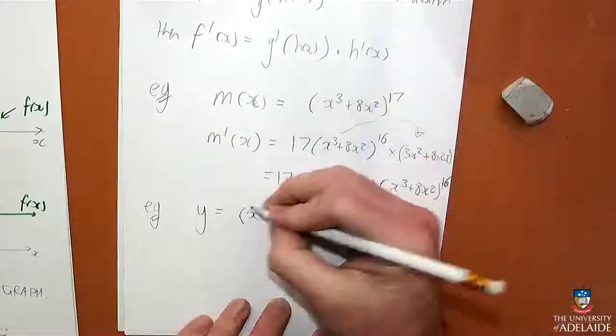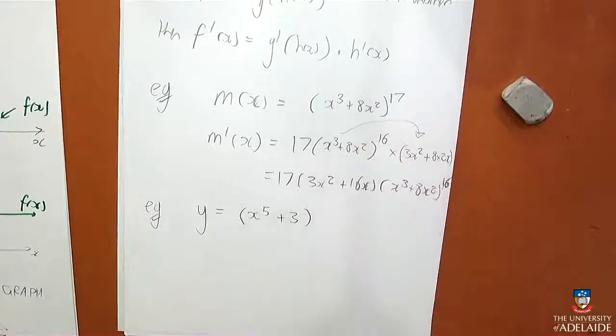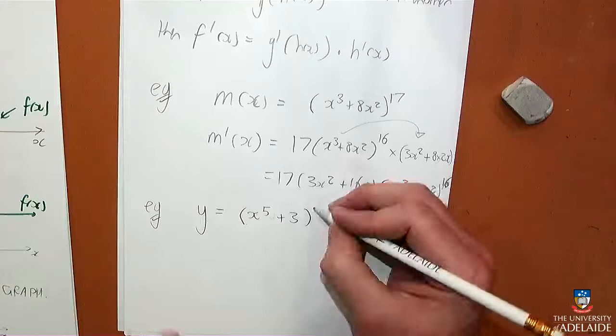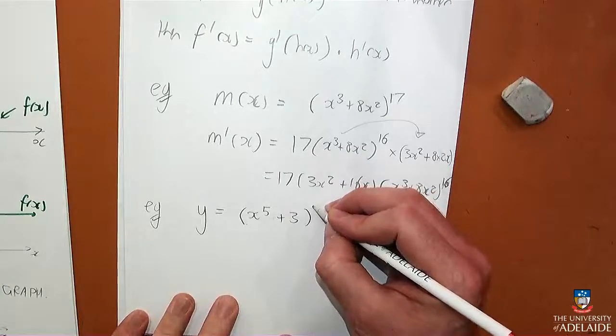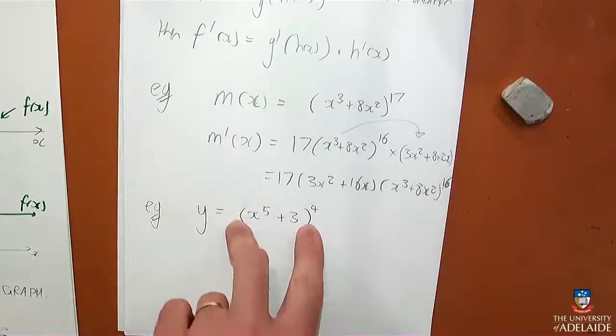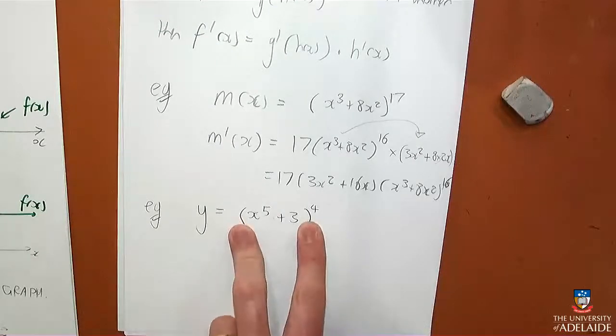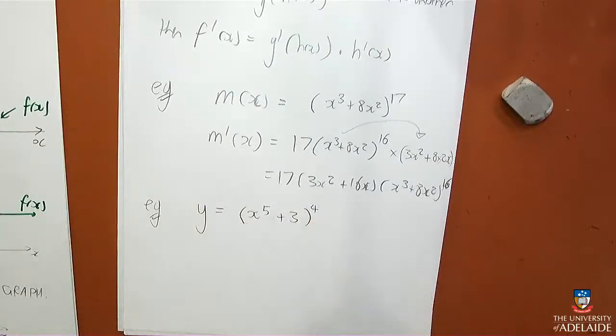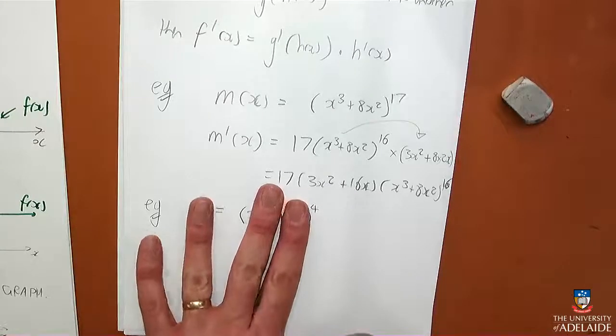Now I'll just do an ordinary power. Now there is nothing stopping me expanding this out. It's just x to the 5 plus 3, 4 times, but it's a bit complicated. So I can use the chain rule because I have a function inside another function.